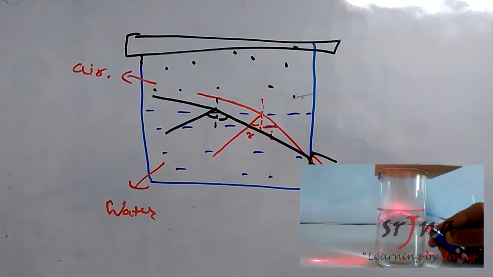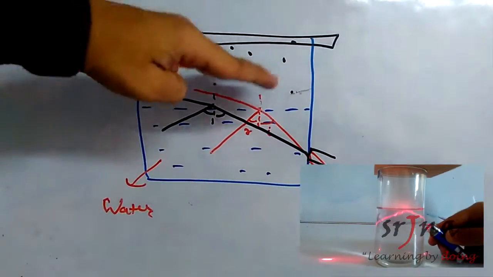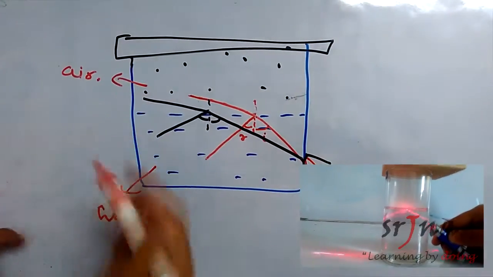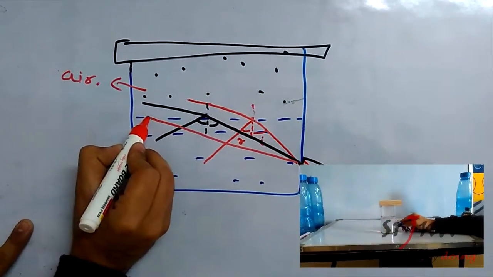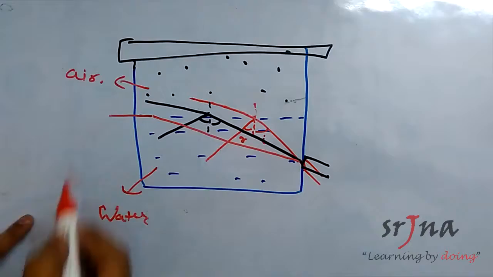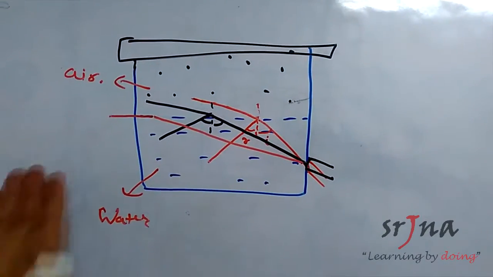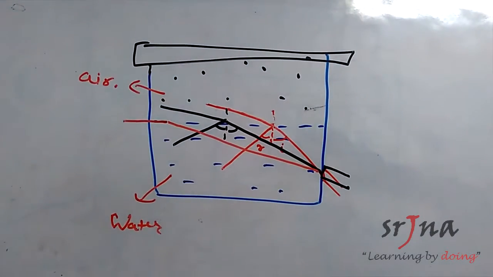So finally, in one of the cases, you can see the refracted ray is bending towards the water surface. At a certain angle, this refracted ray just becomes flat. It merges with the water surface and no longer goes out into the air.